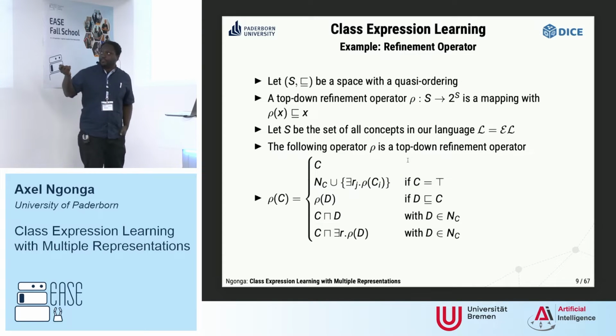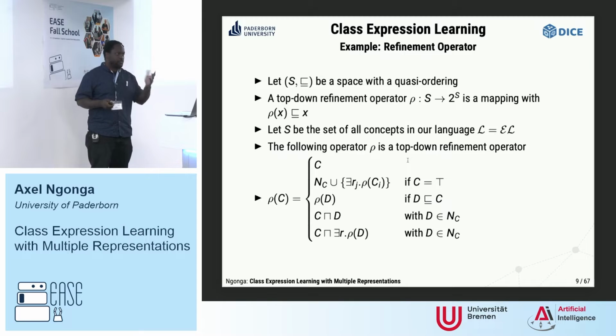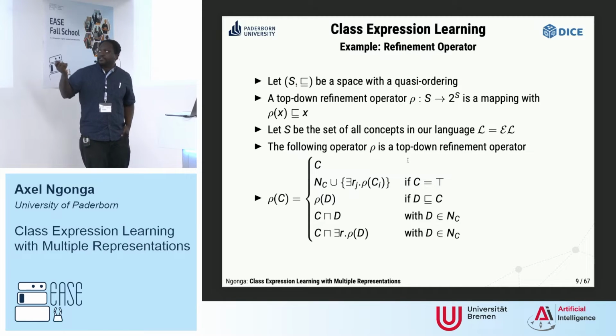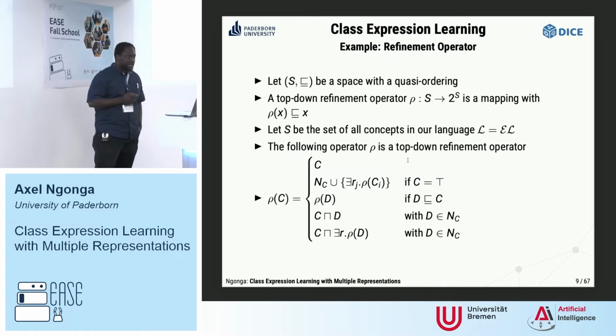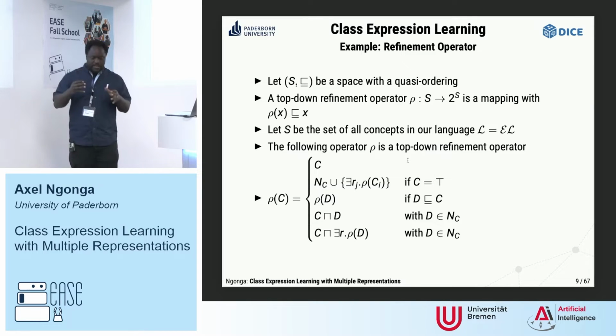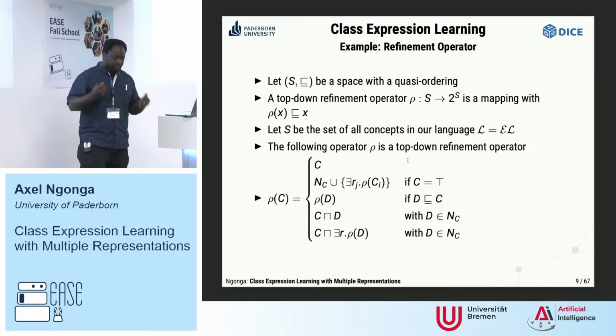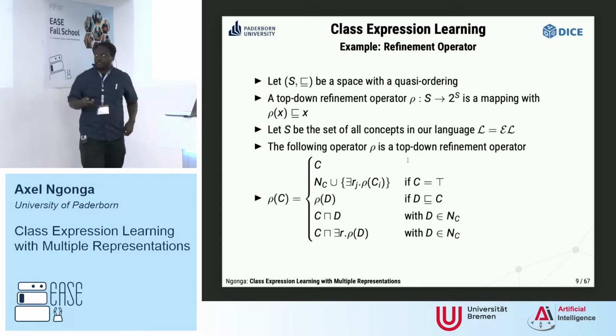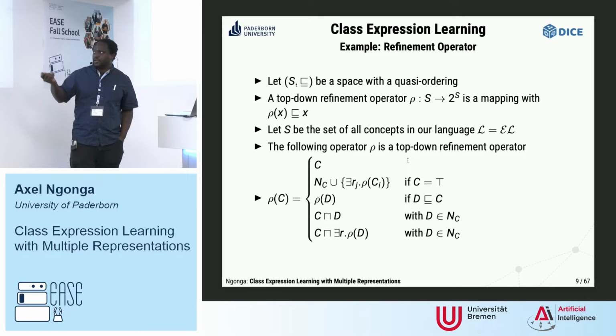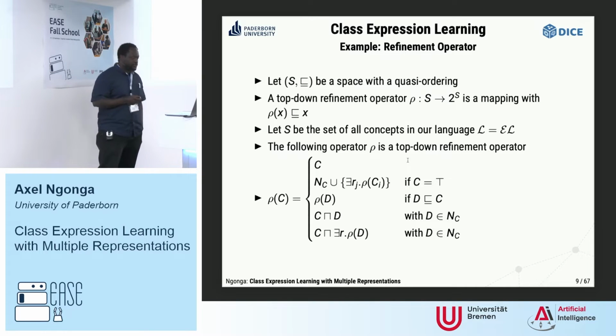Then a top-down refinement operator, obviously bottom-up will be defined exactly the other way around, is a mapping from S to the power set of S, such that it ensures that rho of X is subsumed by X. Basically, whatever is an element of rho of X must be a subconcept of X itself. So this is what such a refinement operator could look like.